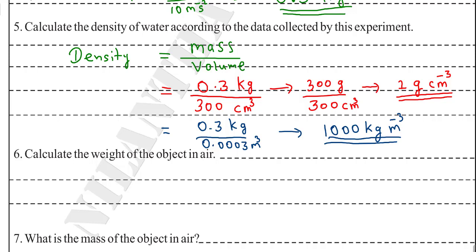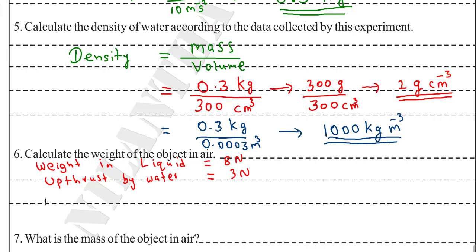We can write weight in air, weight in liquid. Okay, right? Equals 8 Newton plus we got 3 Newton, upthrust by water.